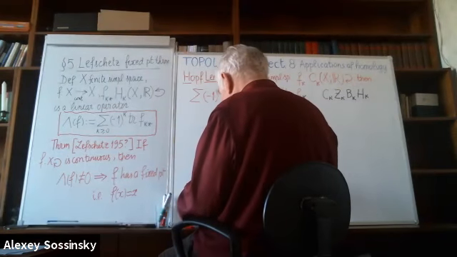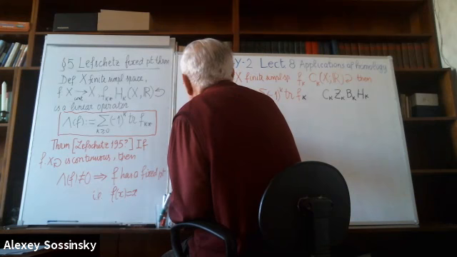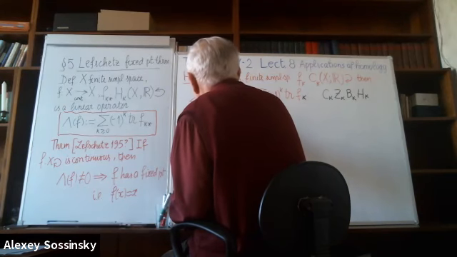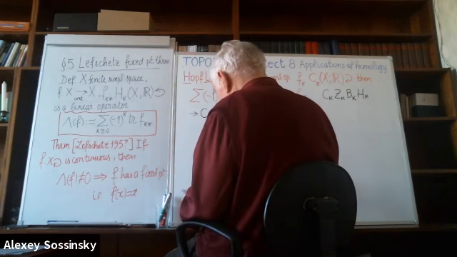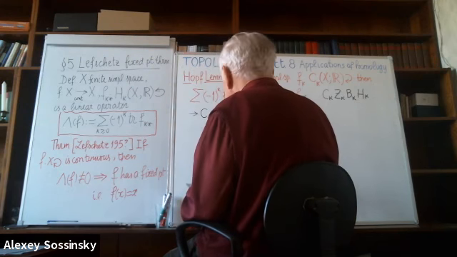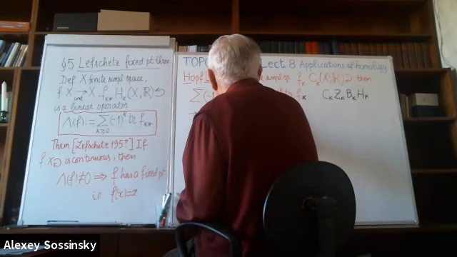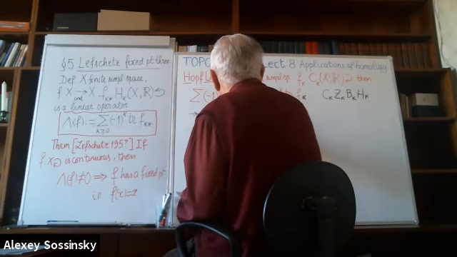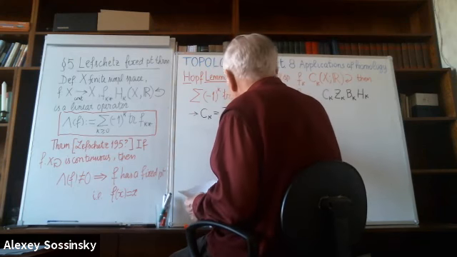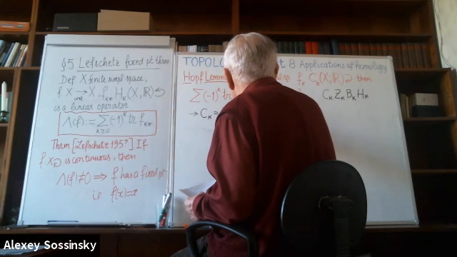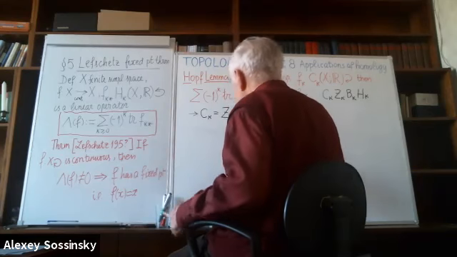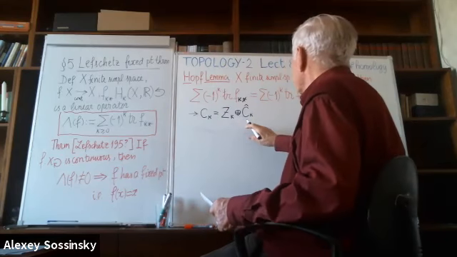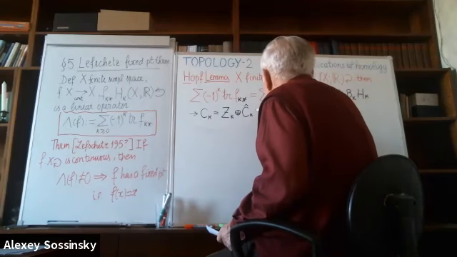Now, let us write out the sequence CK, and I'm going to rewrite it in the following way. It is ZK, all the cycles, plus something else. This is a sum of linear spaces.